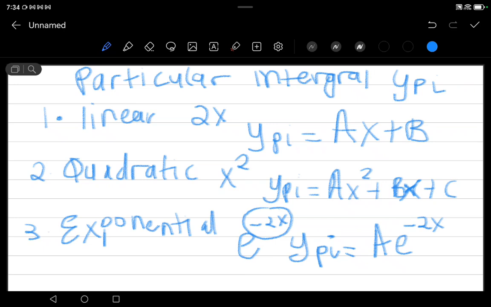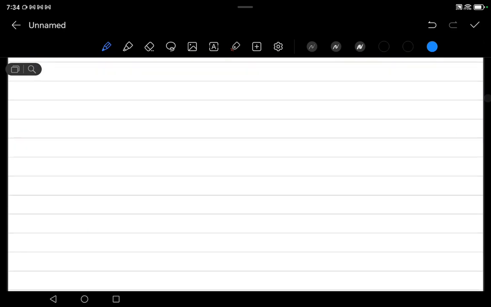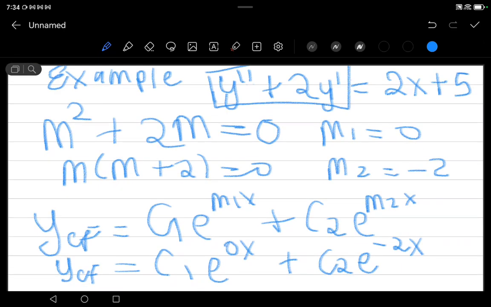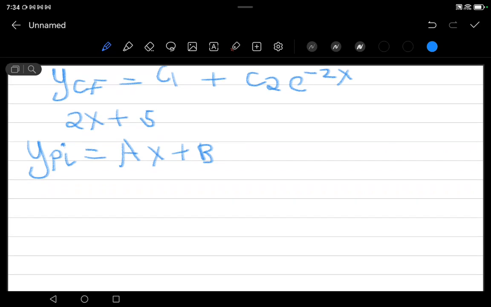If we have a linear equation, we write our YPI as AX plus B. If we have a quadratic function, we write our YPI as AX squared plus BX plus C. And then from our equation, our YPI, it's a linear, so which means it's going to be AX plus B.